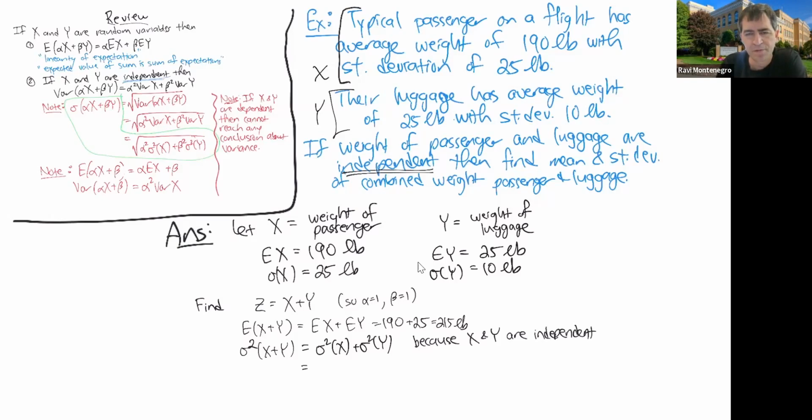Well, sigma of x was 25. Sigma of y was 10. Adding these together, 25 squared plus 10 squared is 725. And so the standard deviation of that sum would be the square root of that, which is 26.9 pounds.